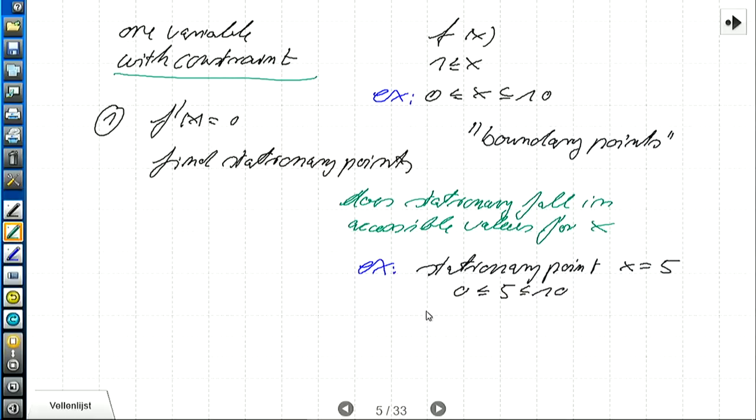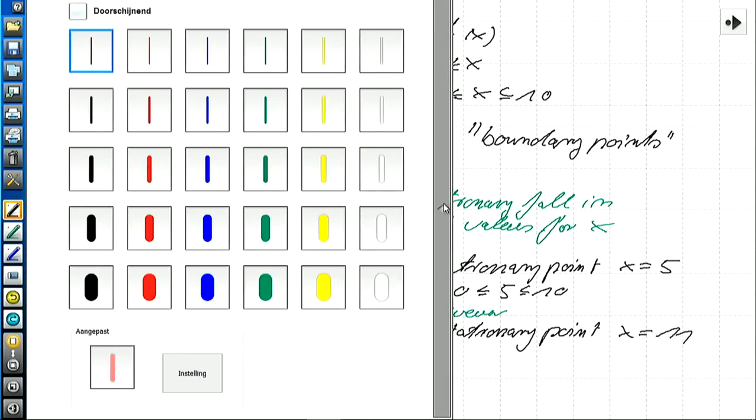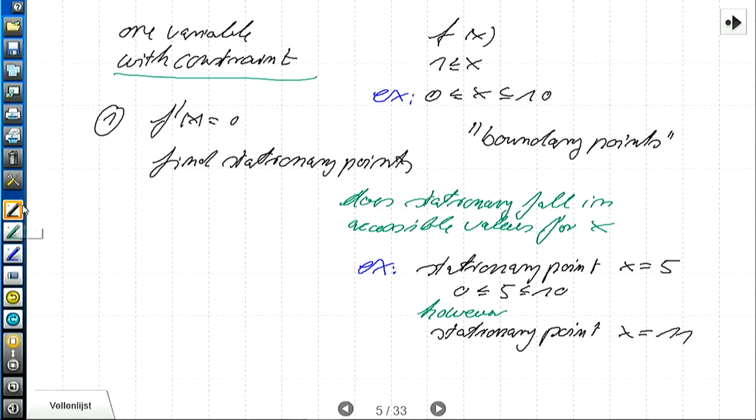However, should it be the case that our stationary point is, for example, 11, then the stationary point is not a possible solution.